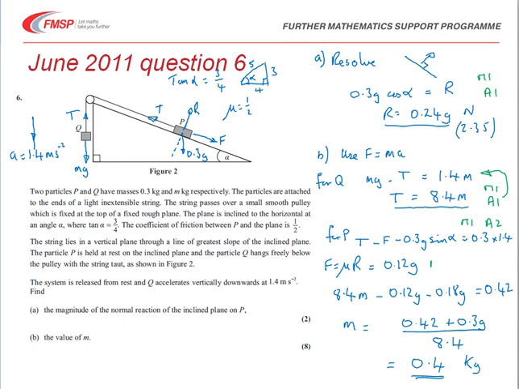There's a method mark for using F equals mu R, and then dependent on that all being correct, there's a method mark for substituting the values you know and eliminating T from that equation, and a final A mark for getting the value of M equal to 0.4.